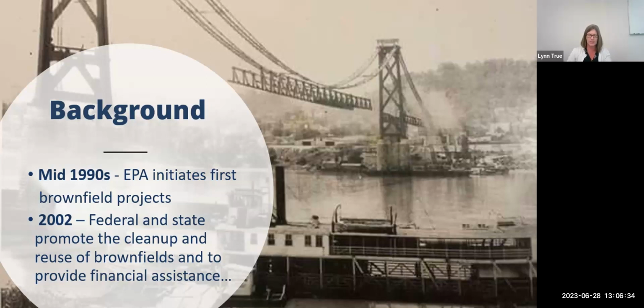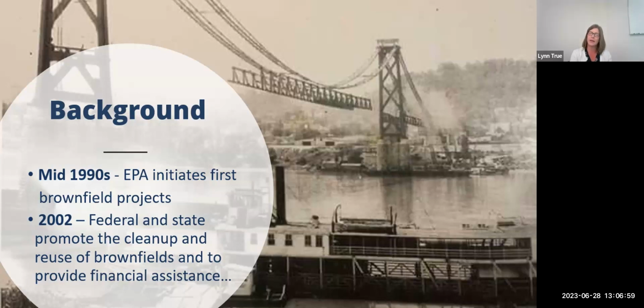But regardless, these sites exist because potential buyers and developers are reluctant to purchase and redevelop them due to their environmental concerns. To help get these properties back into productive use, EPA began some brownfield projects to promote redevelopment back in the early 1990s.